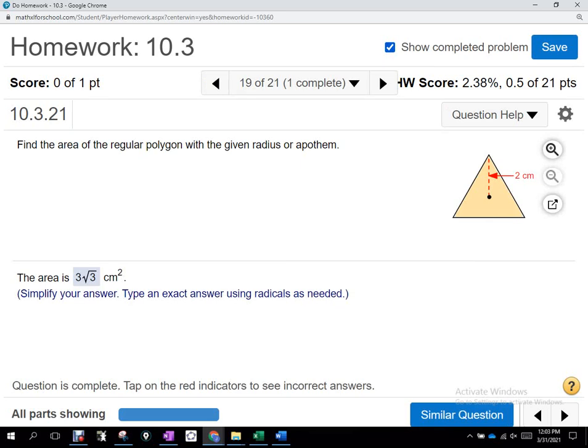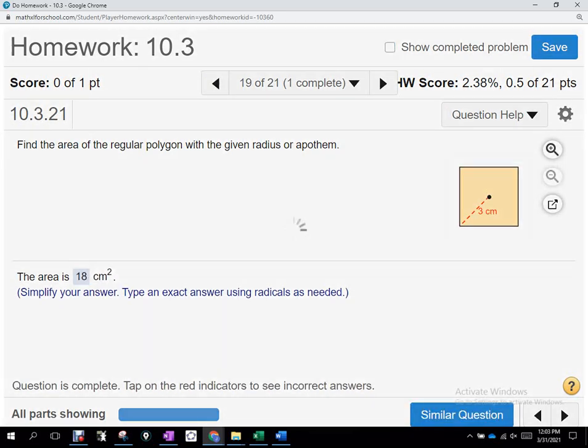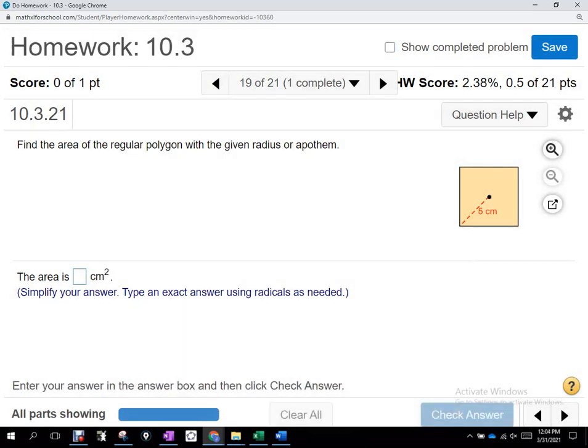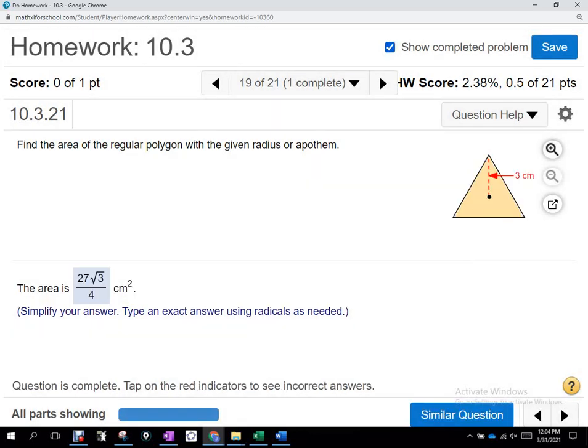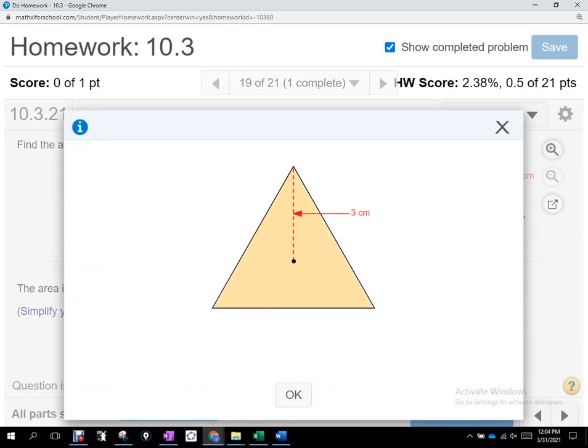You got a hexagon? Okay, so let's do it. We'll do the one with the triangle, and we'll do one with the hexagon. So if that ever happens, and you see, they pull from a pool of questions, and I only see that it was giving everybody the square, so I apologize for that, but we can do a variety of these.